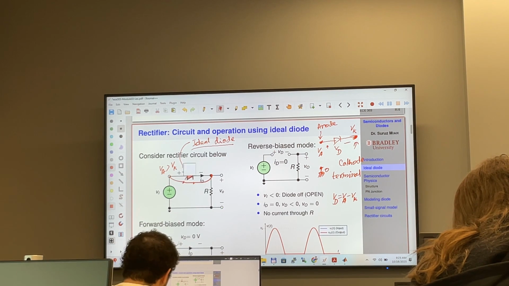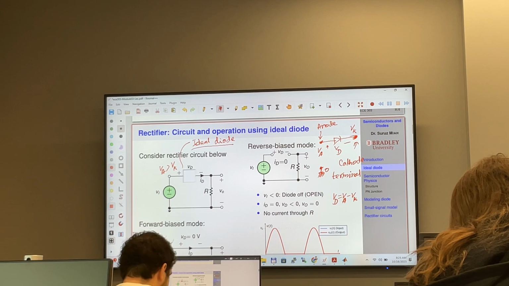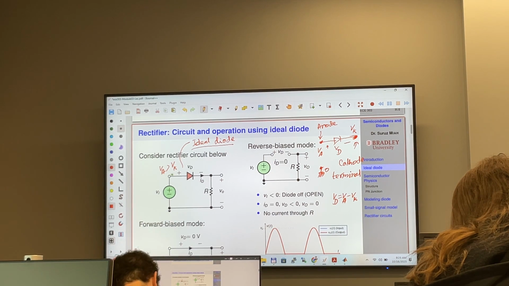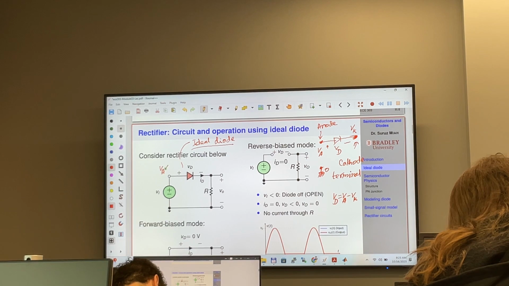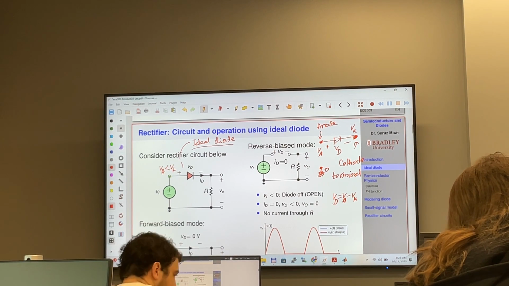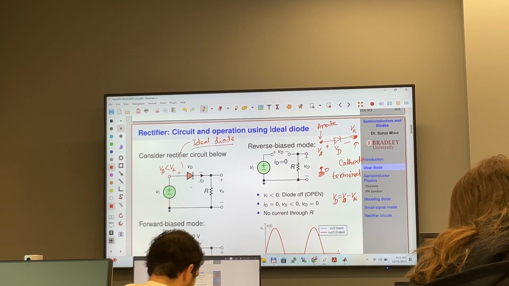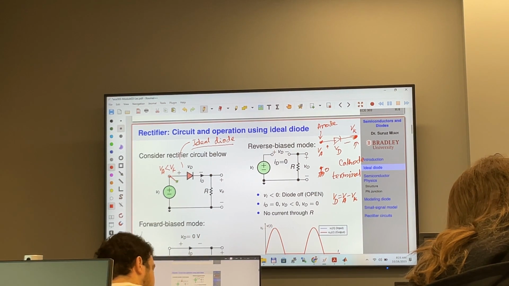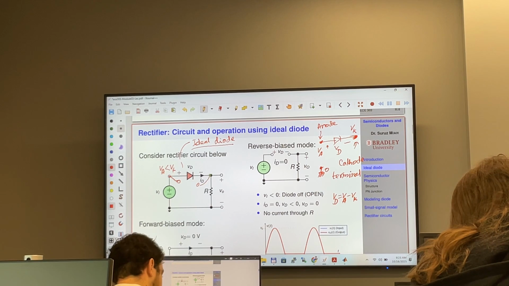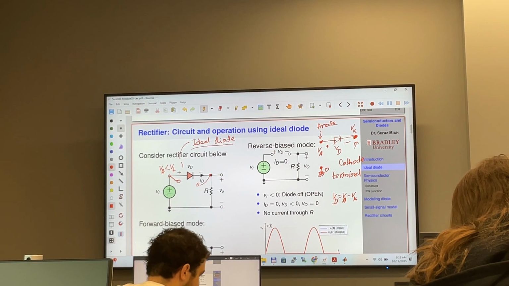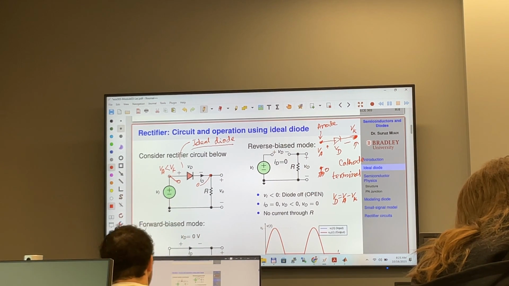Now if V sub A minus V sub K is negative, which means the anode voltage is less than the cathode voltage, in that case, you can think of this as an open circuit, no connection between these two terminals. We are considering an ideal diode. Okay.